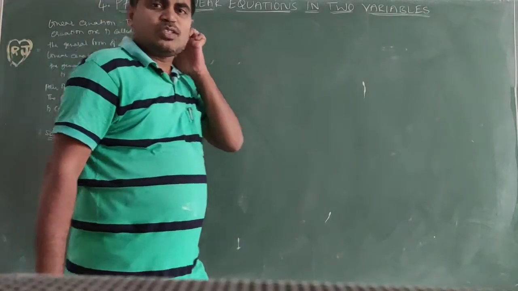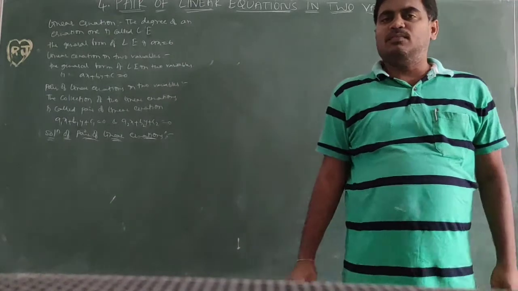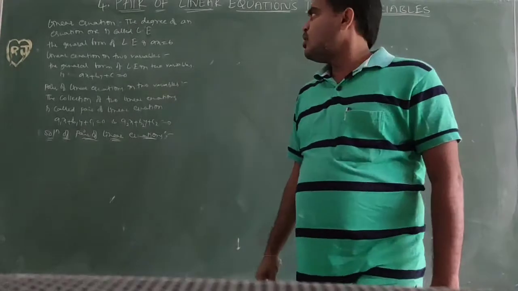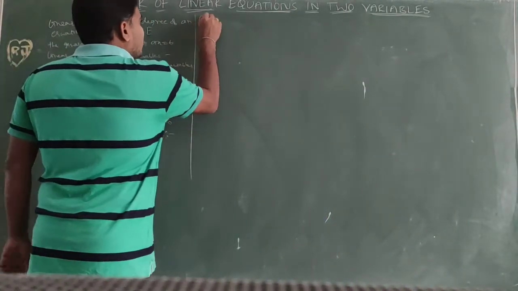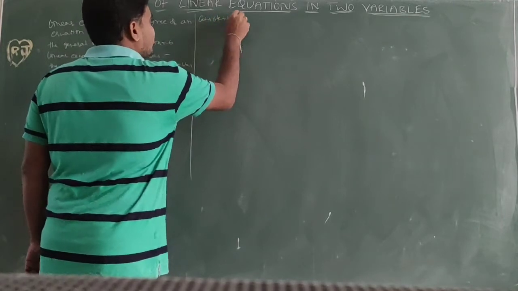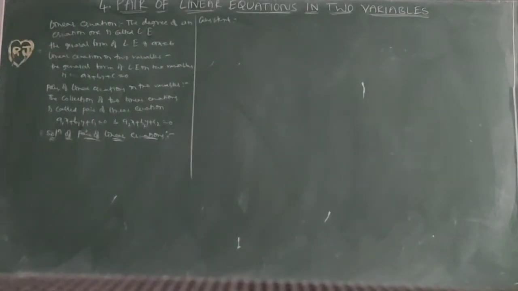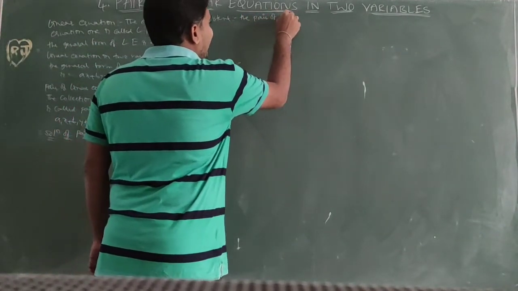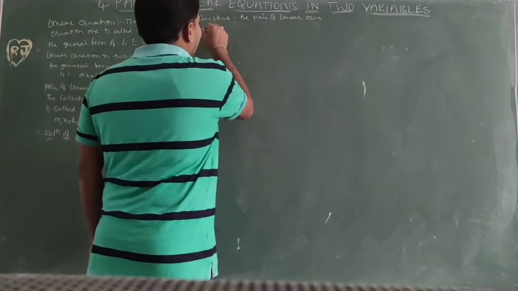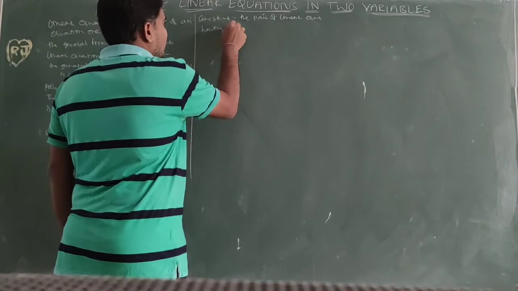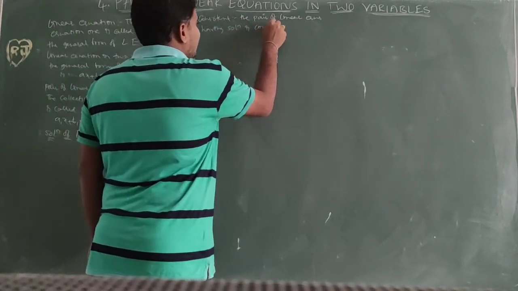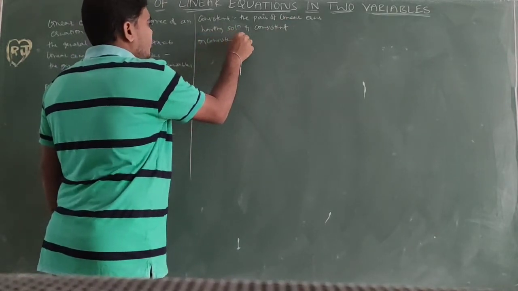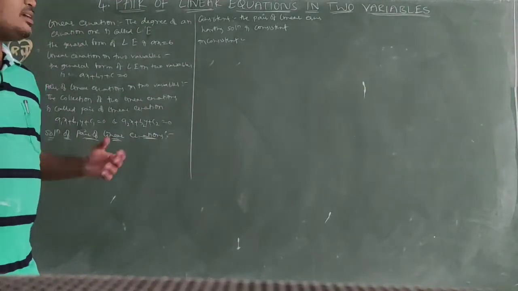So what is the solution? While finding the solutions of a pair of linear equations, there are two types: one is consistent, another is inconsistent. Consistent means the pair of linear equations having a solution. Inconsistent means it doesn't contain any solution.